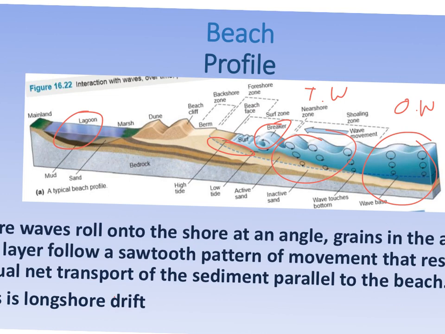Some other cool features in here. We got our marsh, showing the vegetation back there. Dunes, if you guys didn't know what dunes were, now you do. They're super important in the protective feature of a barrier island. All right, enough drawing.